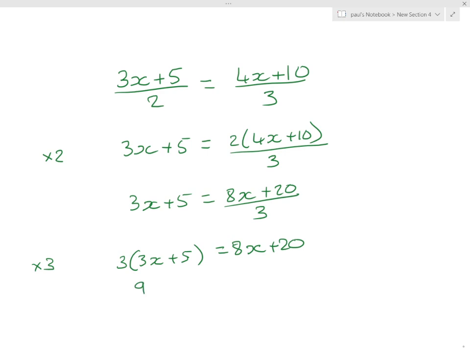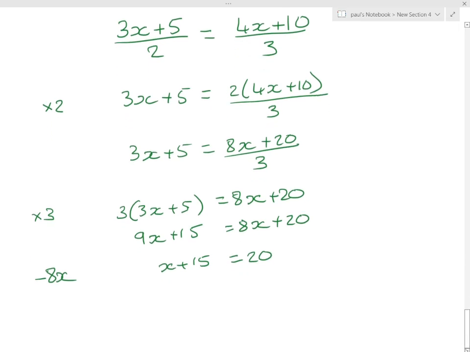Expand the brackets, 9x plus 15 equals 8x plus 20. Get rid of 8 x's, we'll leave x plus 15 equals 20. Subtract 15, we'll leave x equals 20 minus 15, which is 5.